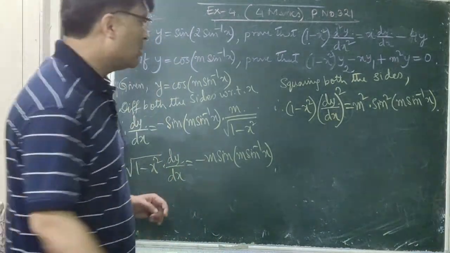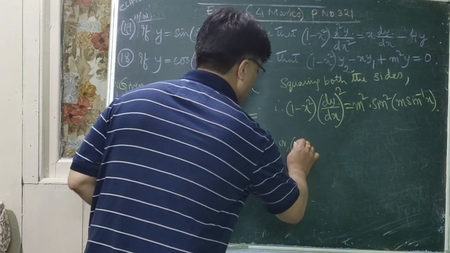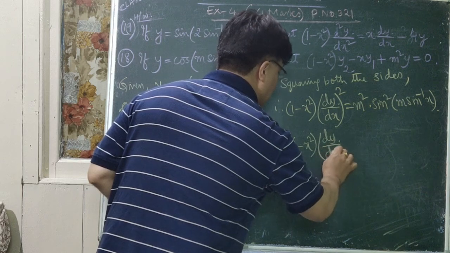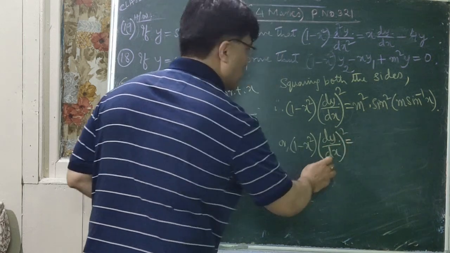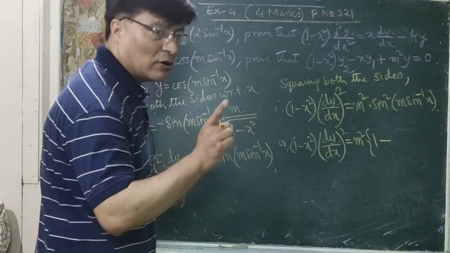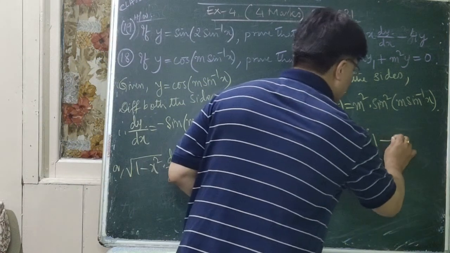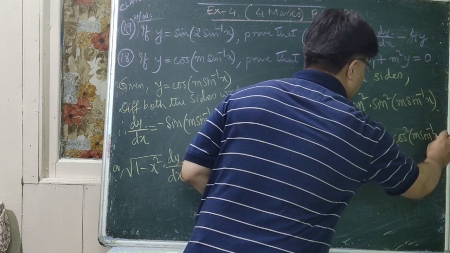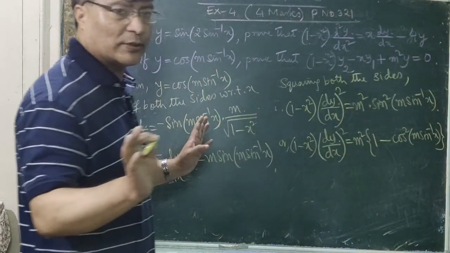Is that clear now? So let us write it here. 1 minus x square into dy by dx whole square is equal to m square within second bracket 1 minus cos square theta, but here it is cos square m sin inverse x. So I think you have understood it.